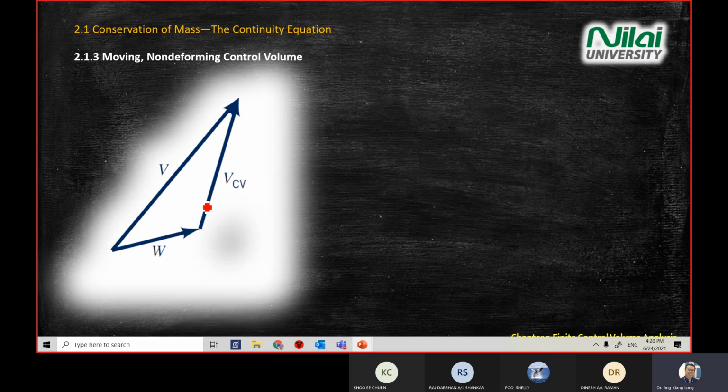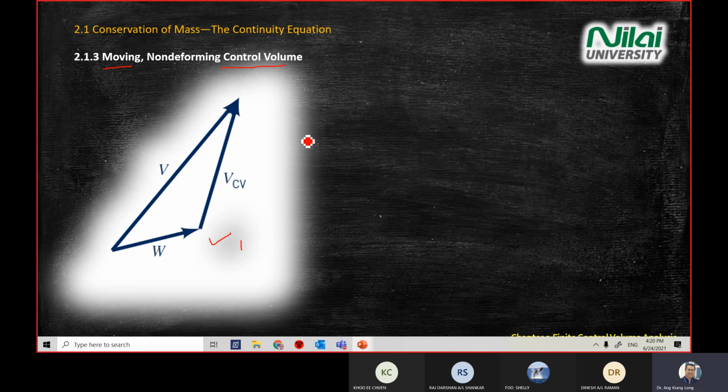Recognize and memorize the shape. It will help you to solve moving control volume, and the control volume is non-deforming. When you draw this, if the question asks you to solve a moving control volume, you draw W, you draw V, you draw V sub CV, and you get 1 mark for the vector diagram.